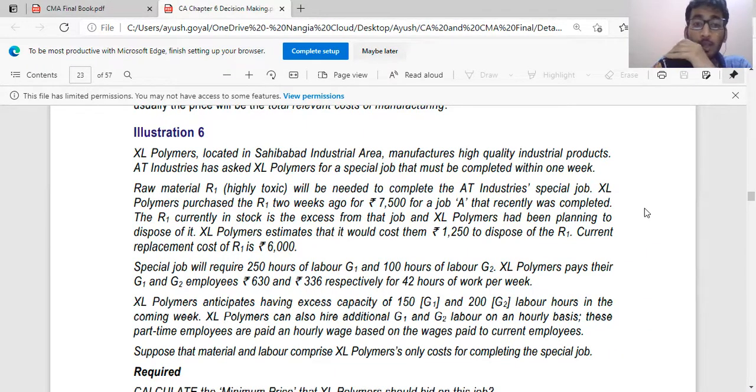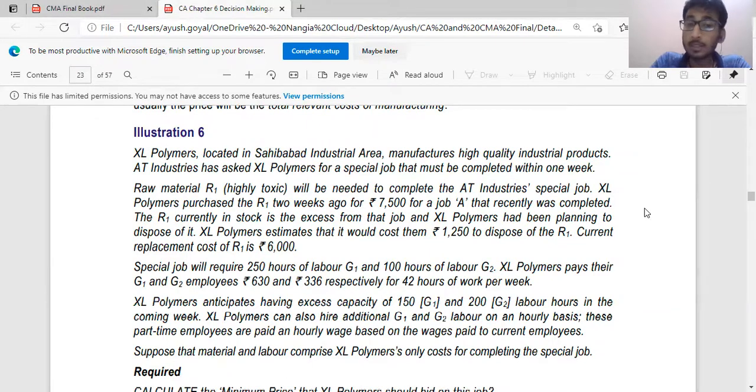XL Polymer, located in Sahibabad industrial area, manufactures high quality industrial products. 80 Industries has asked XL Polymer for a special job that must be completed within 1 week. R1 raw material, highly toxic, will be needed to complete the 80 Industries special job. XL Polymer purchased the R1 2 weeks ago for rupees 7,500 for job A that recently was completed.